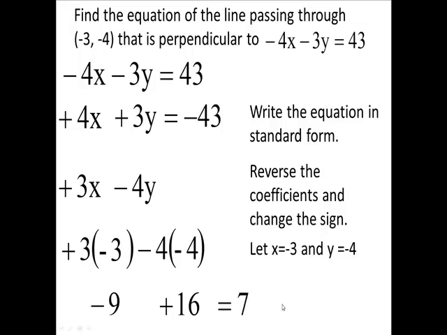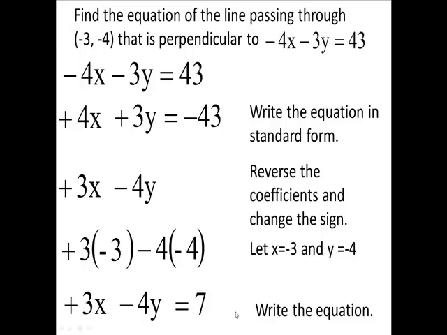Okay? So we substitute the point into my perpendicular equation here, and we'll find the line that's perpendicular to this one going through the point. Now, write the equation. You got your 7. Remember we solved it and got 7? Simply write your equation.